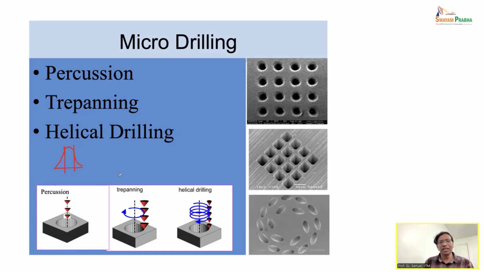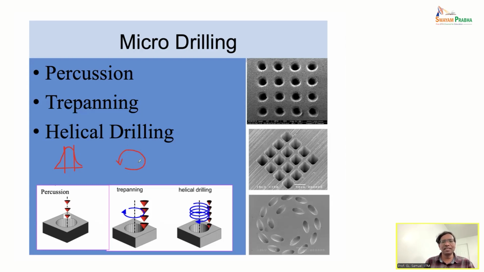But if we need bigger diameters, more than the spot diameter, we use a method called trepanning. In trepanning, if this is the diameter of the hole which we need, we make the laser pulses fall along the circumference of the hole.